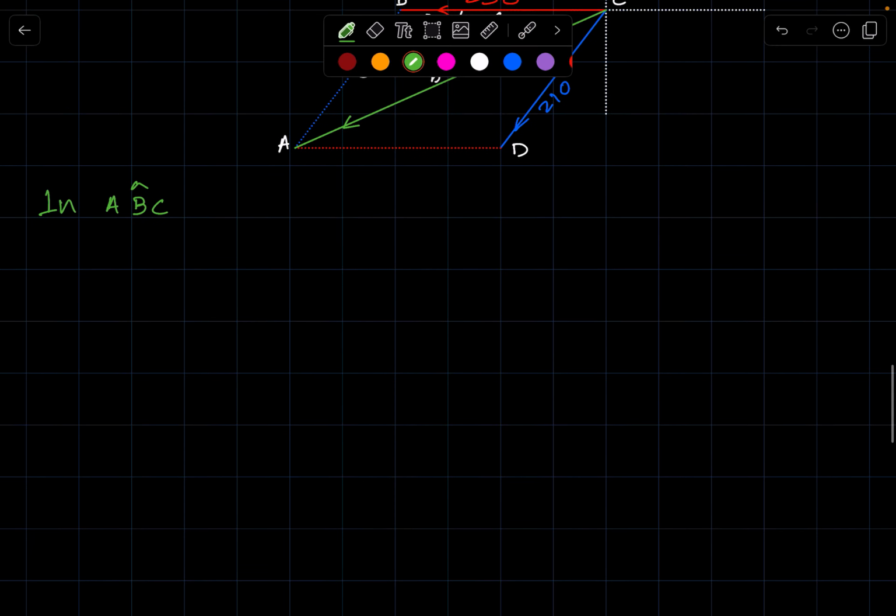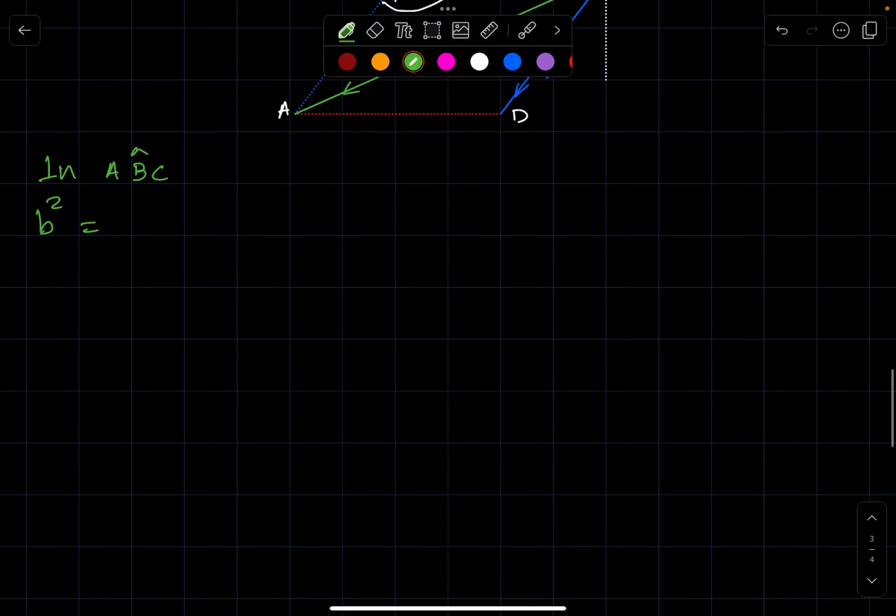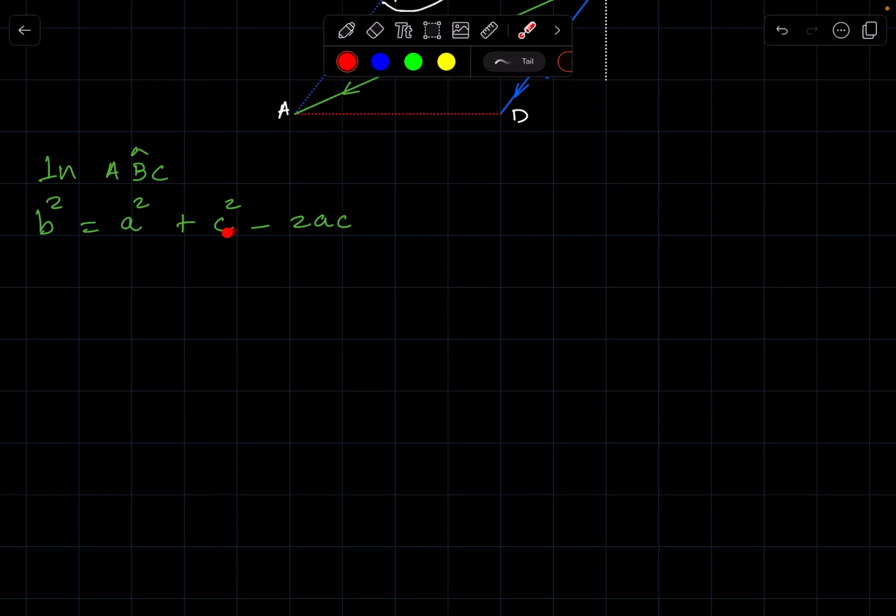You say B squared is equal to the other sides, A and C: A squared plus C squared, minus 2AC, the product of these two sides, times cos of the angle.